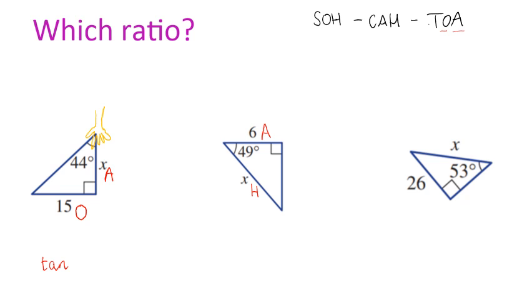So if I've got A and H, that is cos. And then our last one, I can see the hypotenuse has information. And if I put my hand on the angle, I won't be able to touch the opposite side. So that makes this the opposite side. So if I've got O and H, I'm going to use sine.